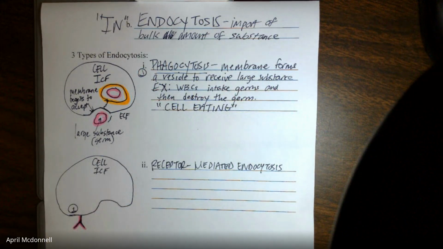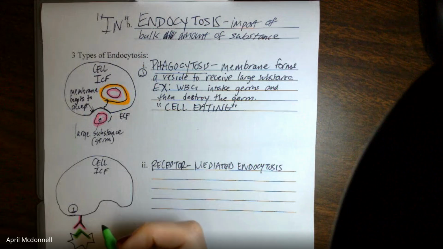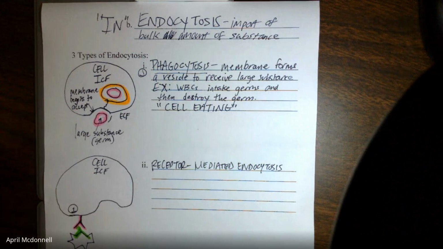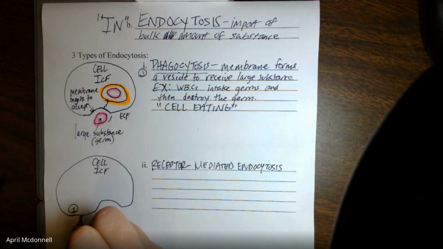And basically, a substance will come along and bind to that receptor. It usually fits perfectly. So let's say this portion of that substance will move into the binding site and bind to that receptor protein.